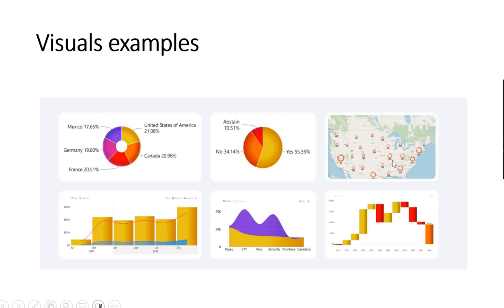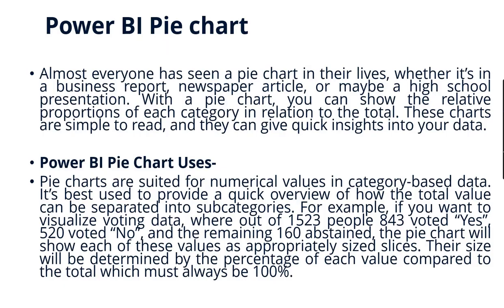This is a map chart. This is a line chart, and all these charts are showing different kinds of information. So how can we decide what is the purpose of each chart?